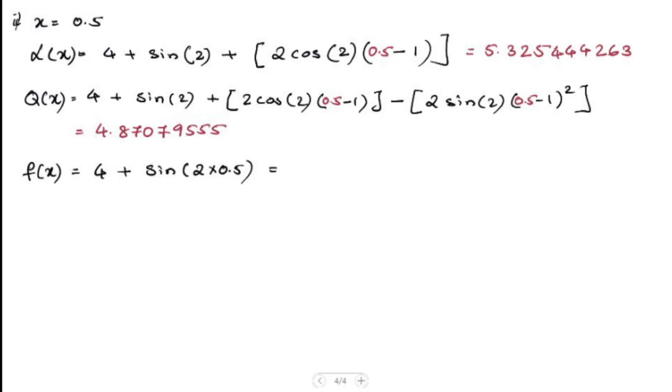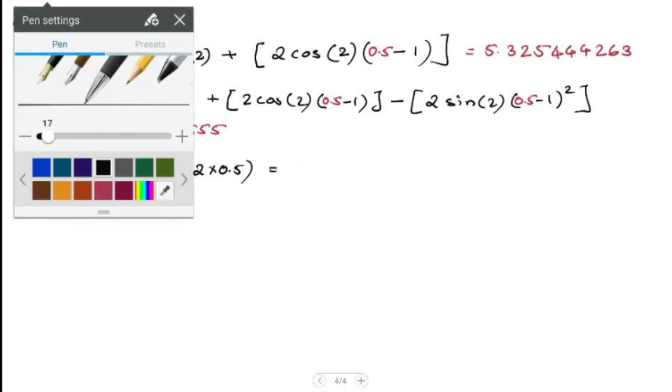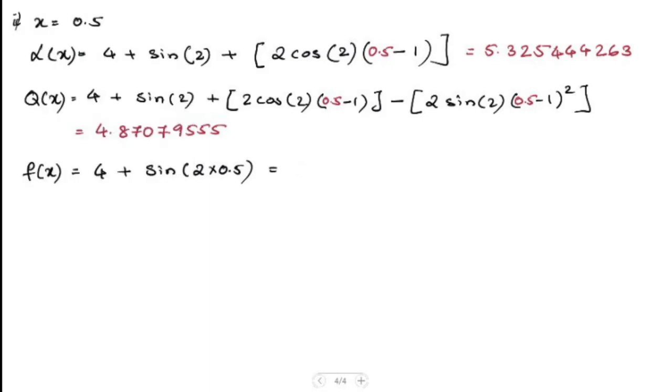And that will give us the value here as, let me write it in red because that's what we have been doing before for all the other values. So here we have 4.84170985.